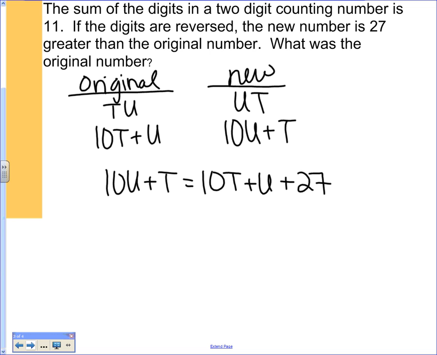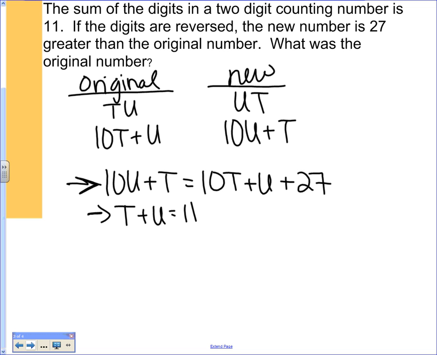What other equation can I make from that information? t plus u equals 11. Do I have two equations? Yes. Do I have two unknowns? So I've got a system of equations that I can solve. This one is kind of already simplified, right? What about this equation?